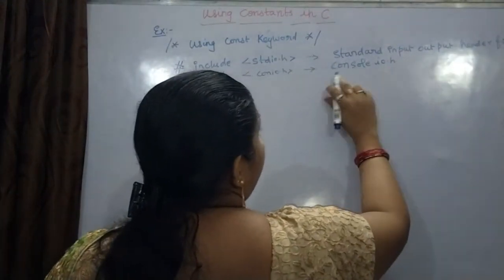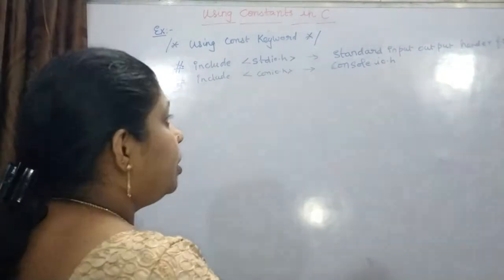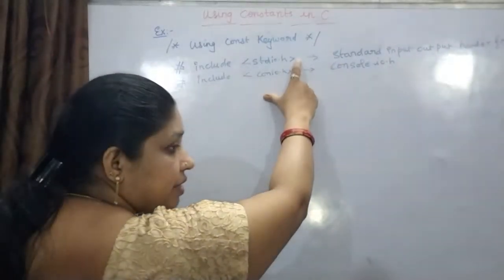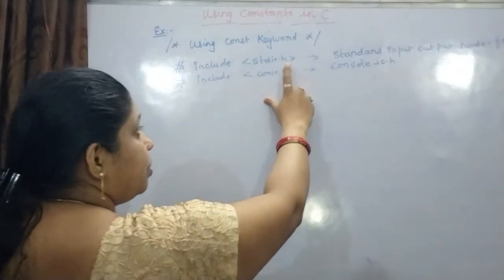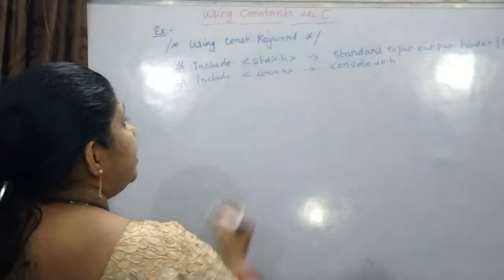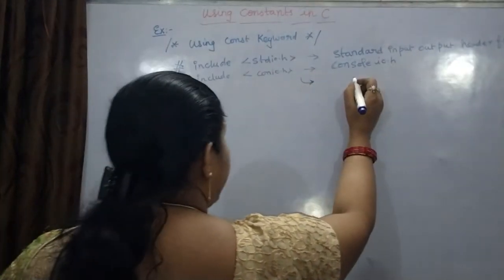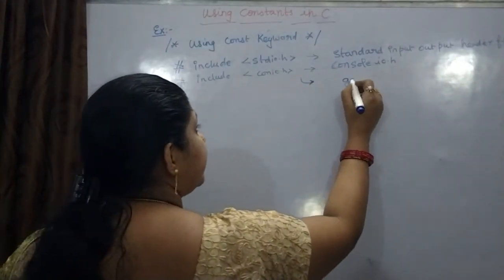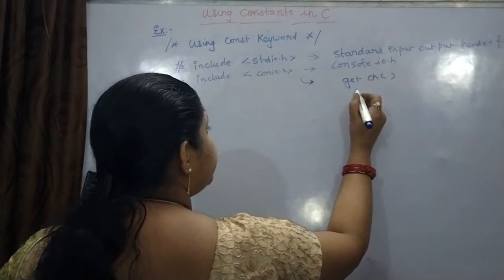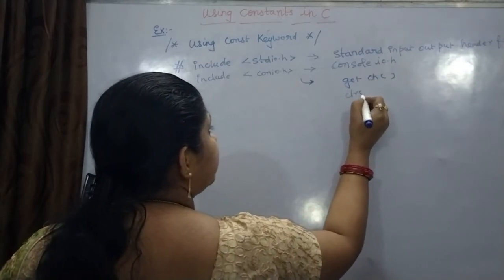In stdio.h you will have printf, scanf, that type of functions, and in conio you will have library functions like getchar and clear screen.